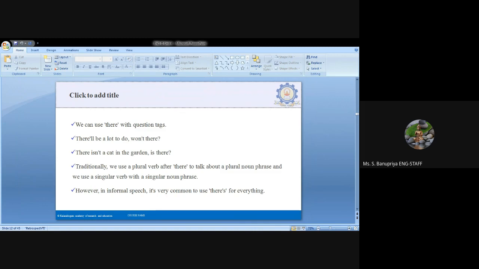Traditionally, we use a plural verb after there to talk about a plural noun phrase, and we use a singular verb with a singular noun phrase. However, in informal speech, it's very common to use there is for everything.